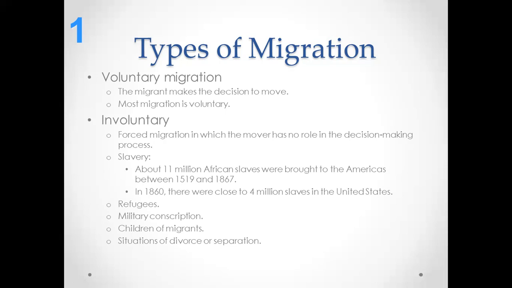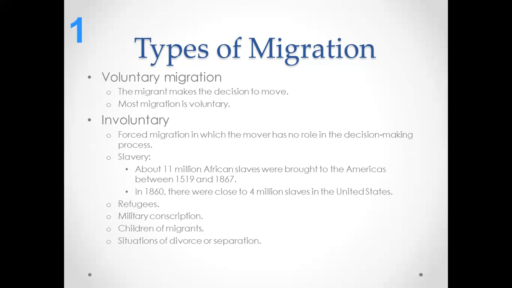So, bumaba siya from 11 million hanggang sa nagkaroon na lang ng 4 million slaves. Kasi of course, dumating na yan si Abraham Lincoln. Okay? So, hanggang sa nagkaroon sila ng tinatawag nating freedom talaga, total freedom or independence. Okay?